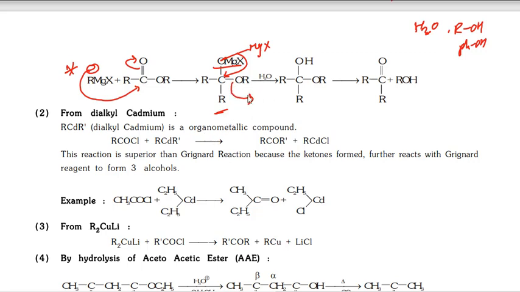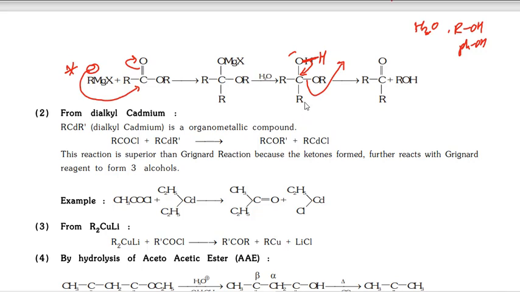Sorry, wait, first you do the hydrolysis. First you do the hydrolysis, then we are getting OH. In this OH, I can write this structure like this. This sigma bond is coming back, then OR is leaving.